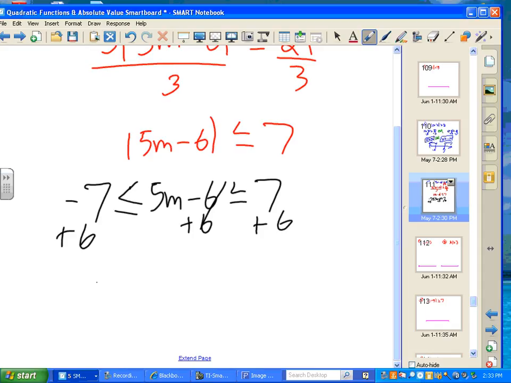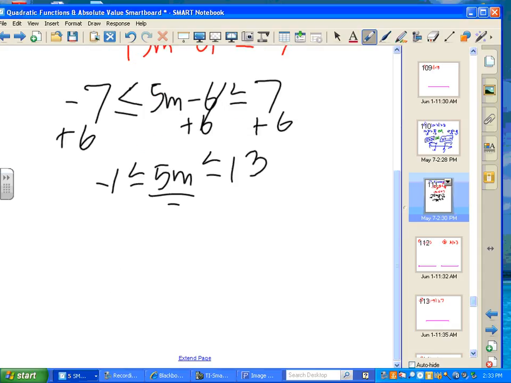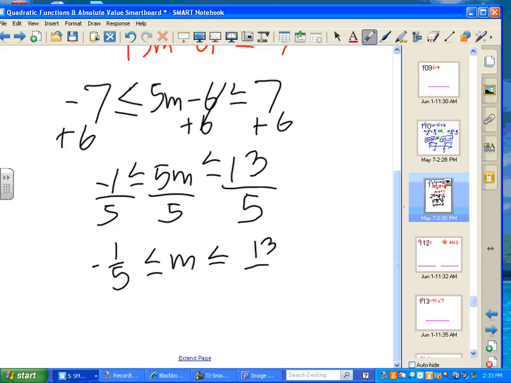Okay, so we have -1 less than or equal to 5m less than or equal to 13. And then divide everything by 5 to get rid of the 5 in the middle. And this is obviously not a very nice problem, but that's okay. So we have, let's leave it like this first. -1/5 less than or equal to m less than or equal to 13 over 5.